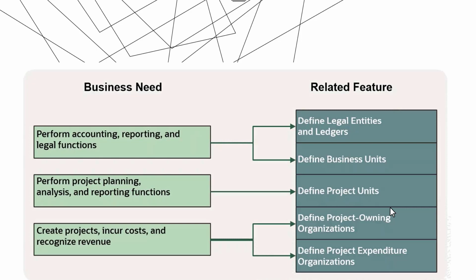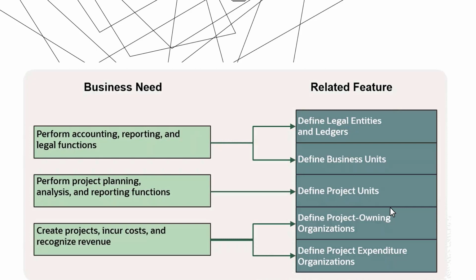Whether you are implementing PPM Cloud or Financials Cloud or whatever application you implement, basic legal architecture and the basic accounting and reporting have to be handled one way or the other, and you handle that using Oracle features called legal entity, ledger, and business units.